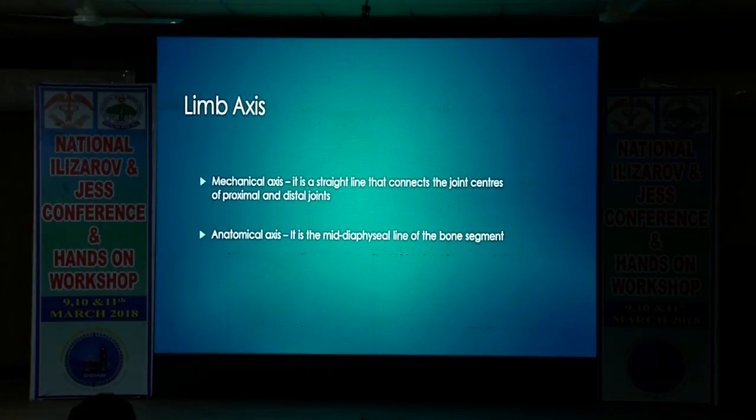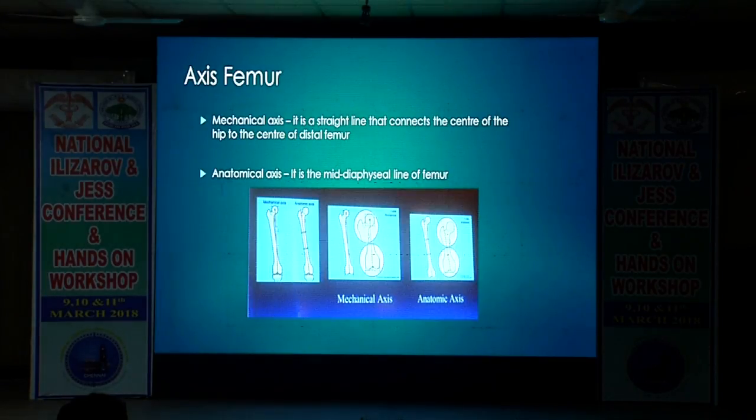The most difficult concept to grasp here is the difference between the anatomical axis and the mechanical axis. The mechanical axis, as in the previous diagram, is a straight line that connects the joint center of the proximal and the distal joint. But the anatomical axis is just the mid-diaphyseal line of the bone segment involved. So, for example, the bottom picture, the one in the middle.